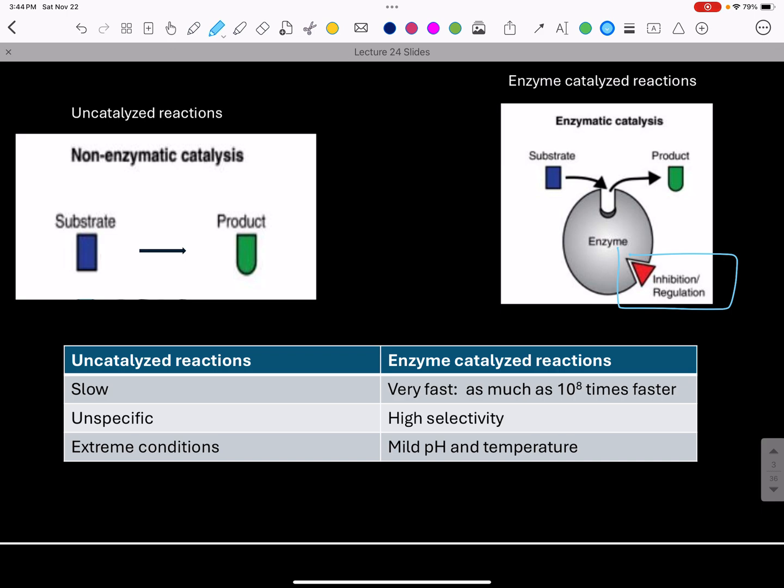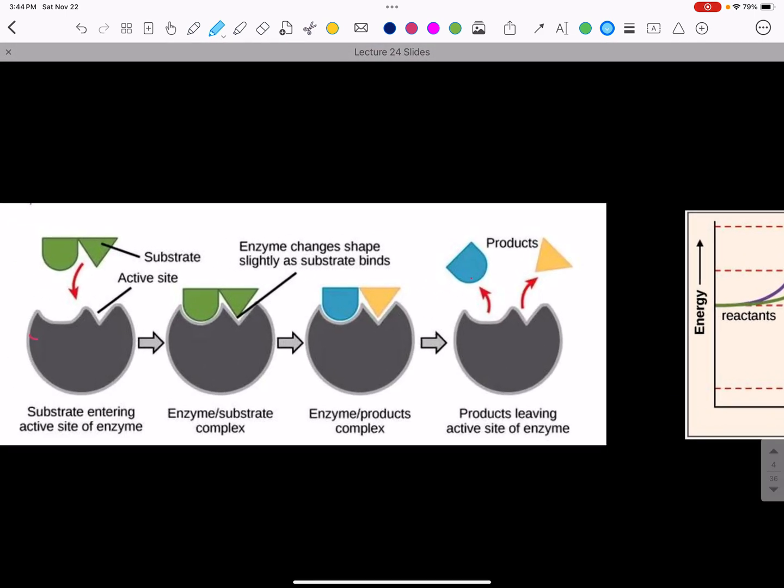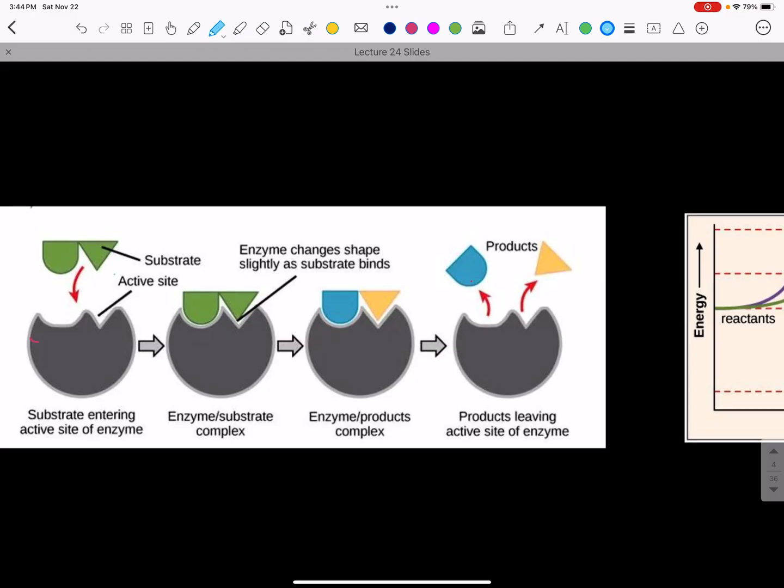The enzymes work as platforms. They have an active site where the substrates can come and bind. And once the substrates bind, the enzyme will change the conformation such that there will be old bonds broken and probably new bonds can be formed. And that leads to the formation of products.